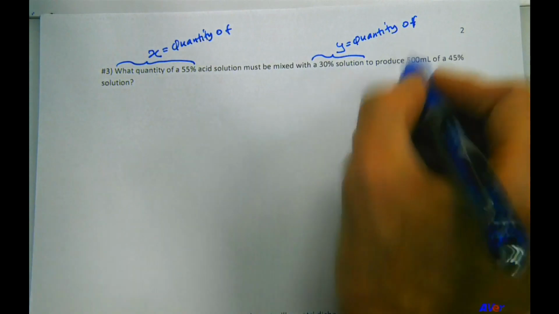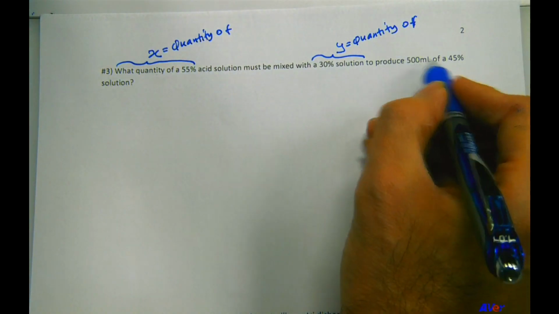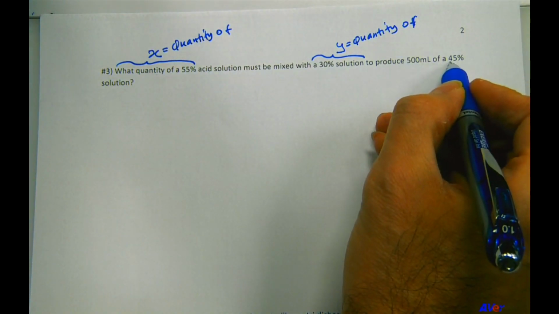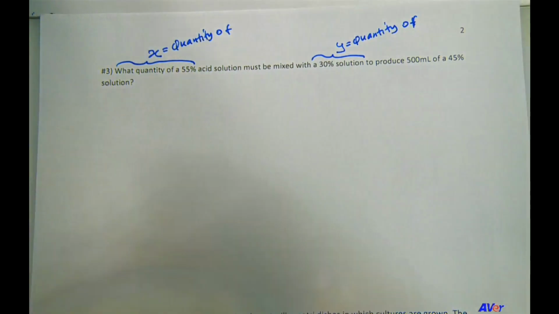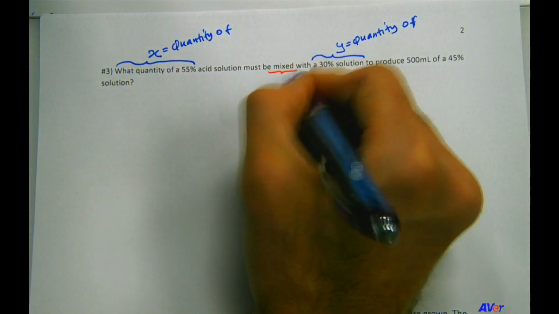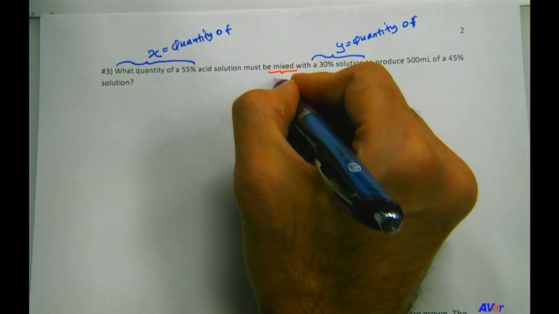Okay? To produce 500 milliliter of a 45% solution. So, see, mixed, what does that mean? That means added.